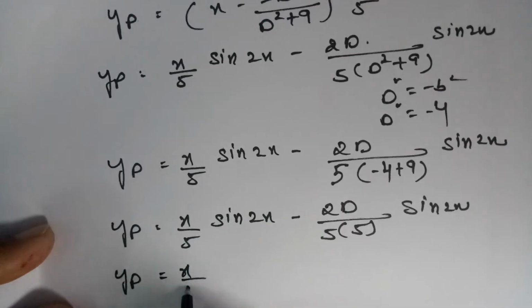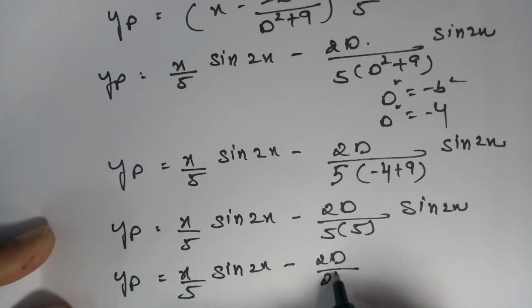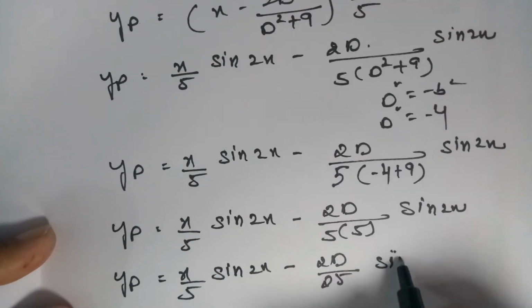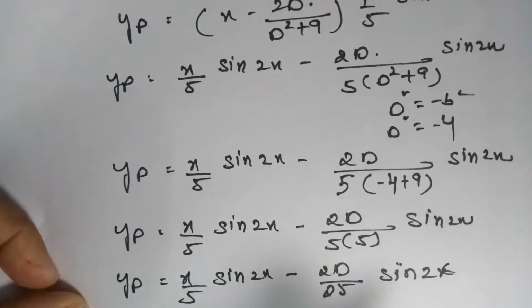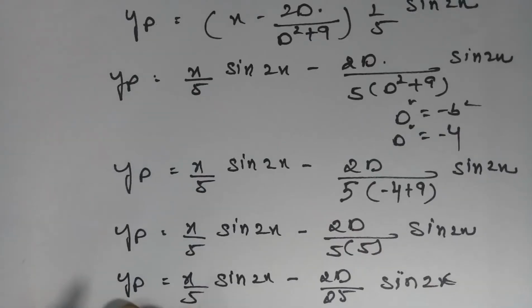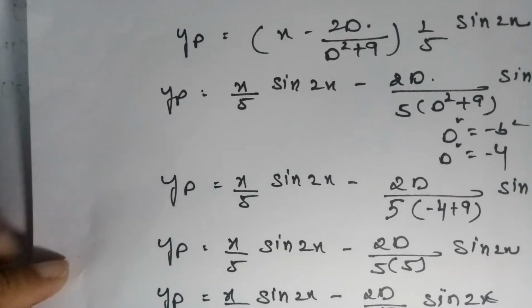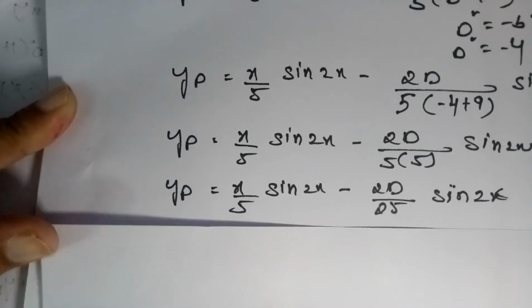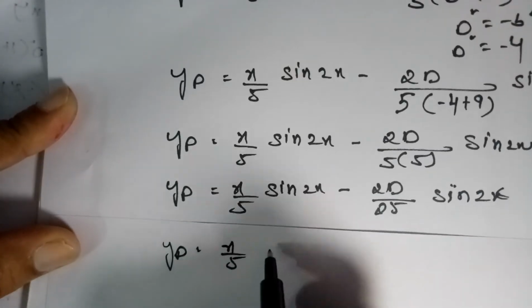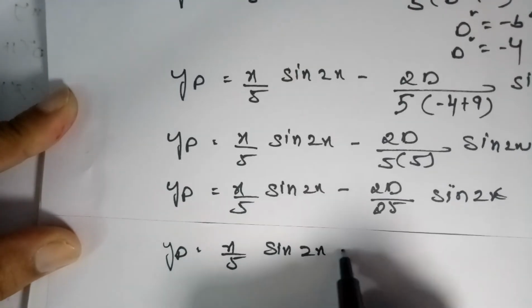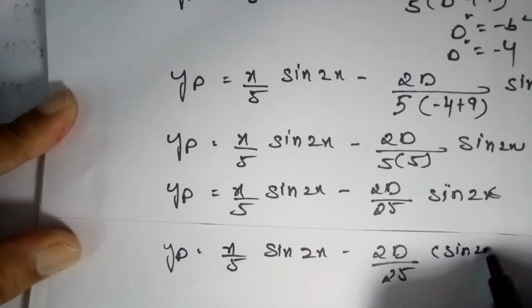Therefore, yp is equal to x by 5 sine 2x minus 2d by 25 into sine 2x.